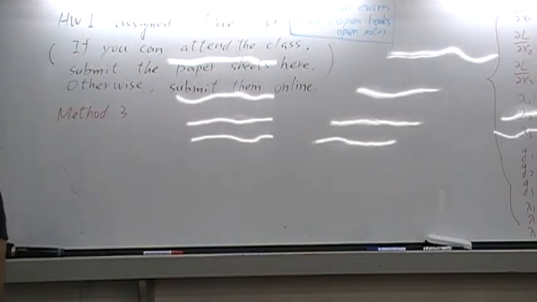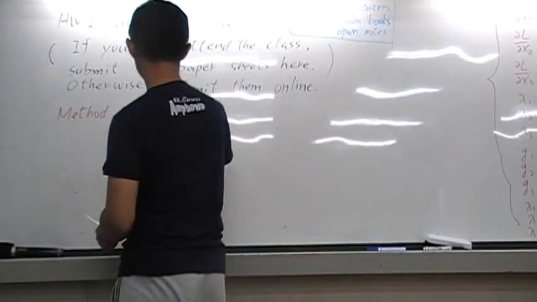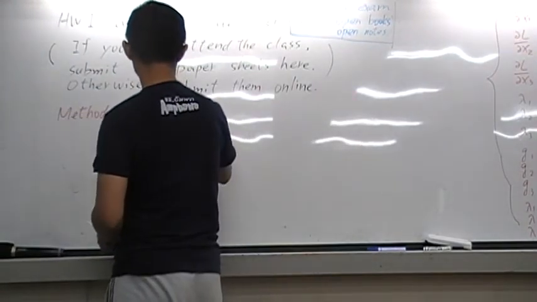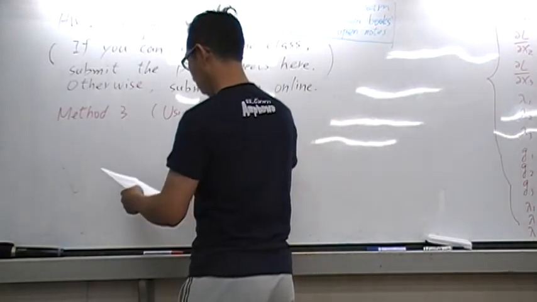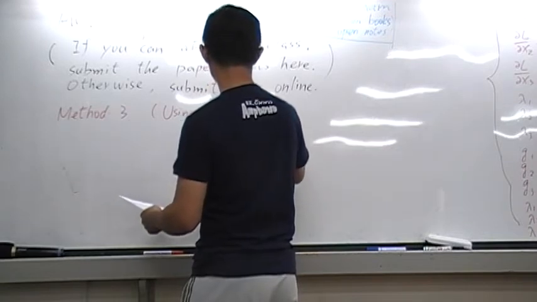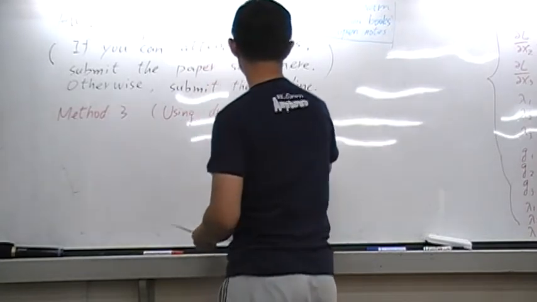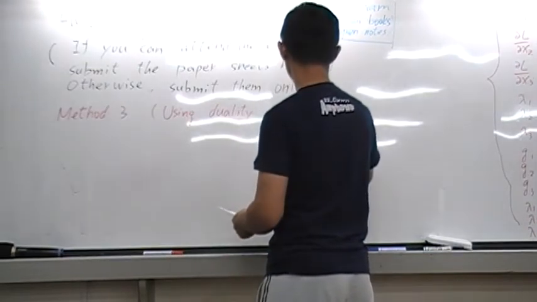So for method 3, that is using the so-called duality and the so-called saddle point theory.